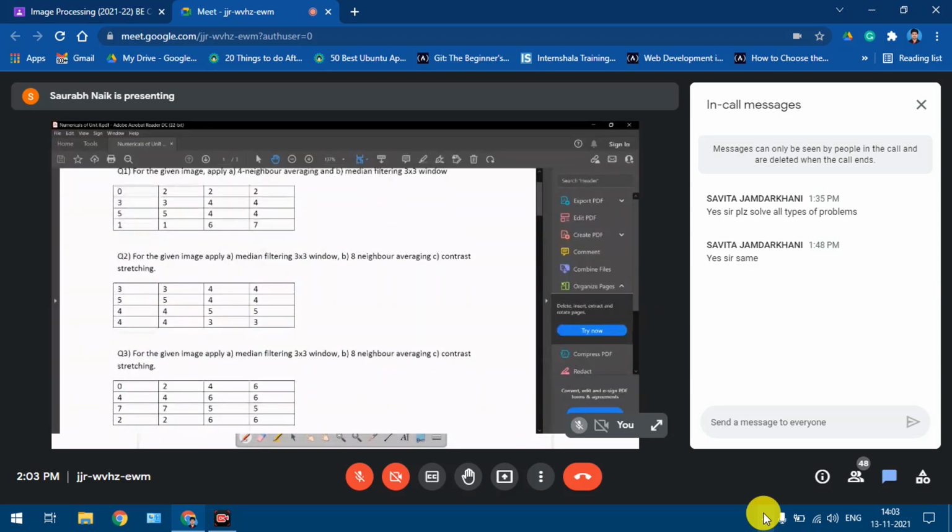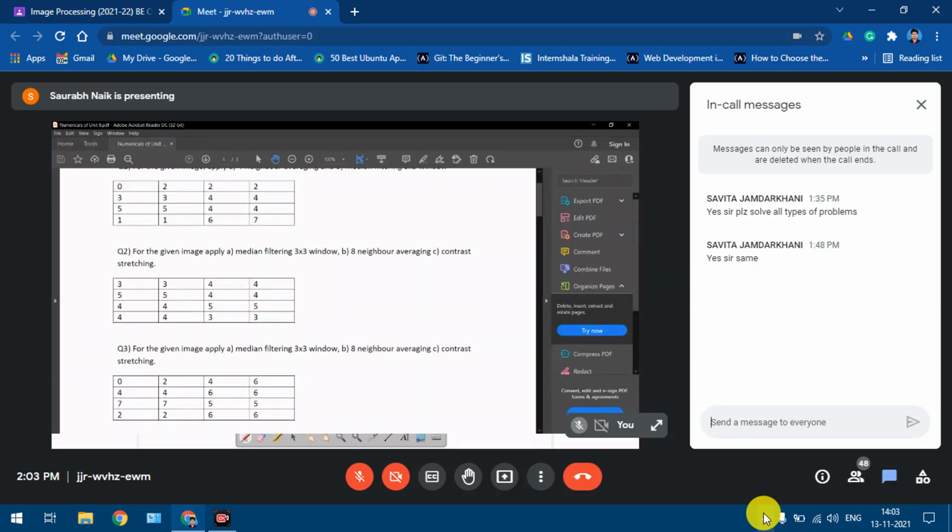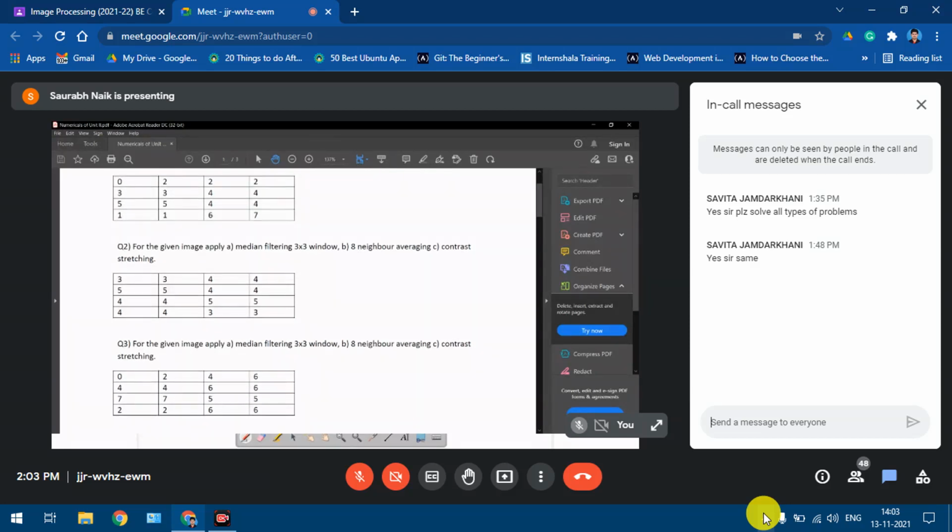Again, median filtering, neighborhood averaging, and contrast stretching. Now, for contrast stretching, you will be given in terms of how many bits each pixel has. So over here, I have the maximum intensity value as 5. If I have pixel intensity as 5, the minimum number of bits required would be 3.